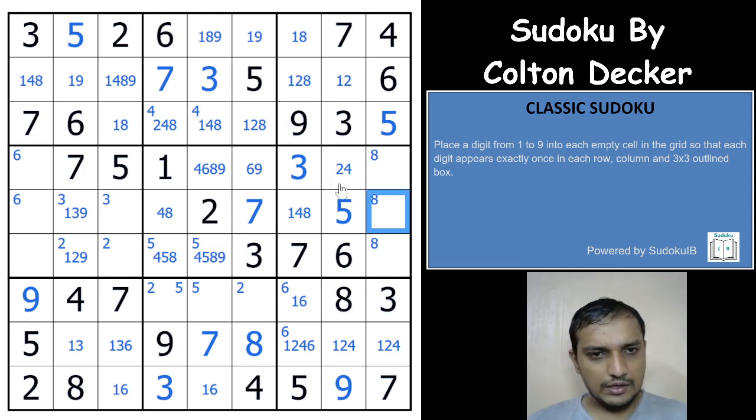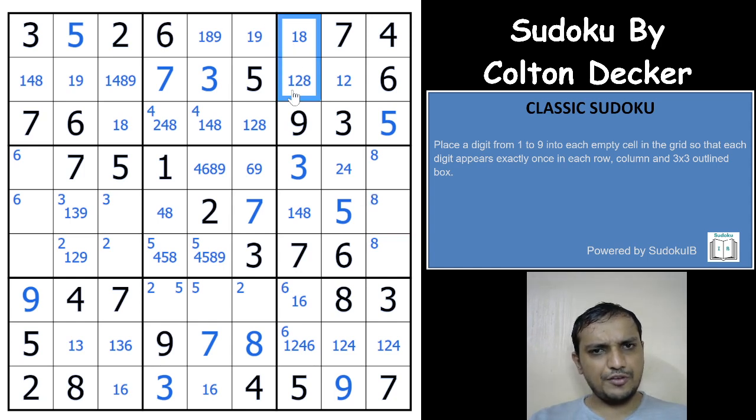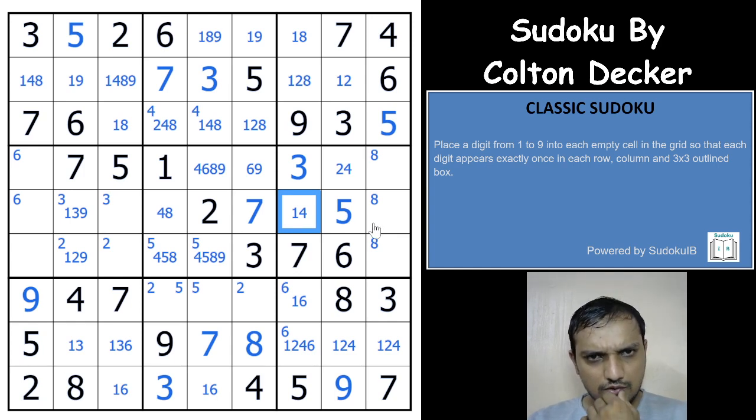Four, 5, 8 and 9. Okay, so you have a pointing of 8 here. Why this cannot be an 8? Okay, this cell cannot be an 8.